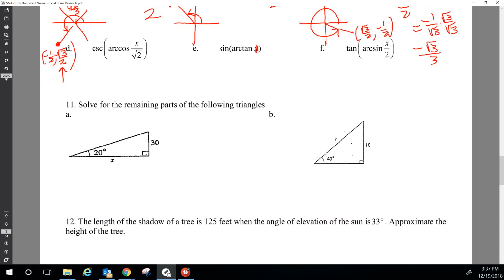All right, 11, solve for the remaining parts of the following triangles. So here we go. We're trying to find x. We've got this angle. We know the opposite, and we want to find the adjacent. So which one has opposite over adjacent? That would be tangent. So tangent 20 degrees is equal to 30 over x, which means x is equal to 30 divided by tangent 20 degrees.